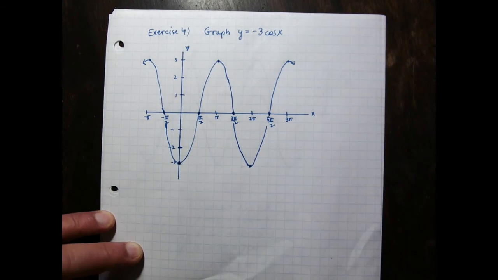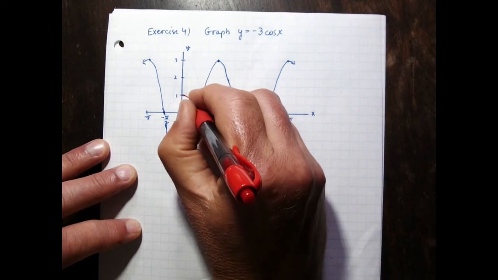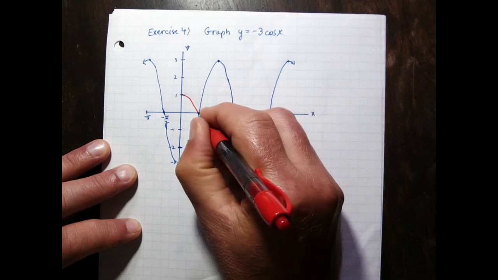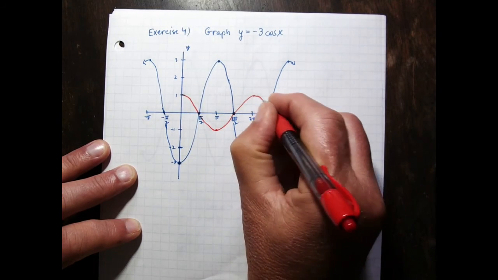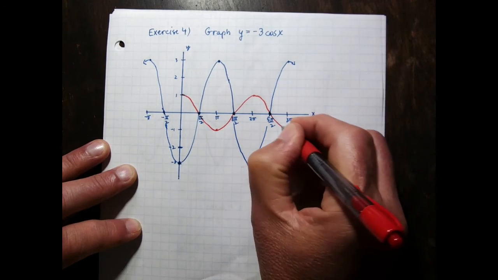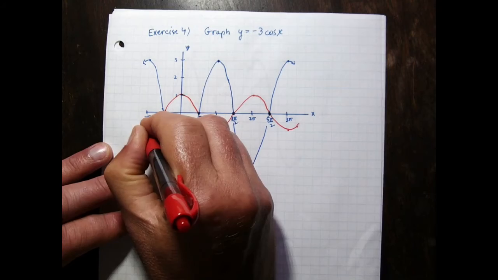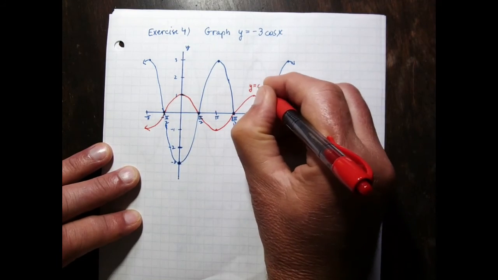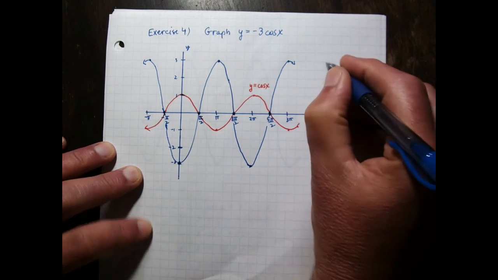So there's our graph of negative 3 cosine x. One more time, I'm going to fill in the regular cosine function. And I guess I also want to indicate the amplitude here.